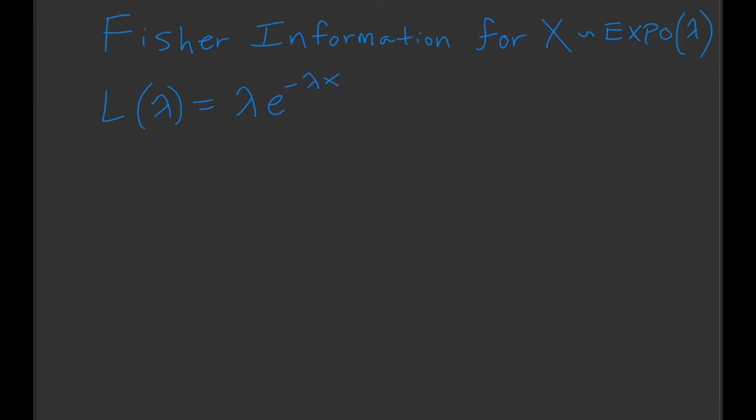Then from that, we're going to find the log likelihood function. So taking some logs, that's just going to be the log of lambda plus the log of e to the minus lambda x.